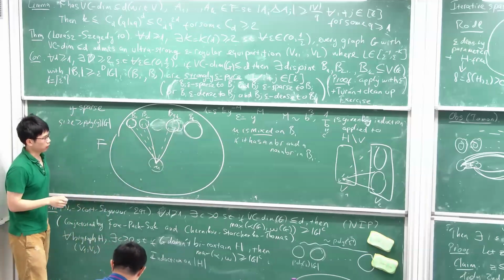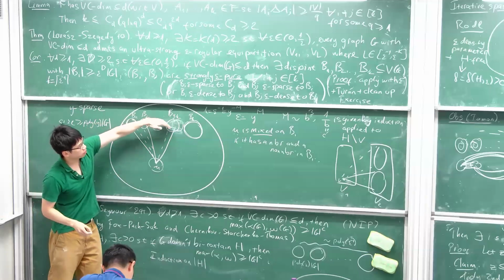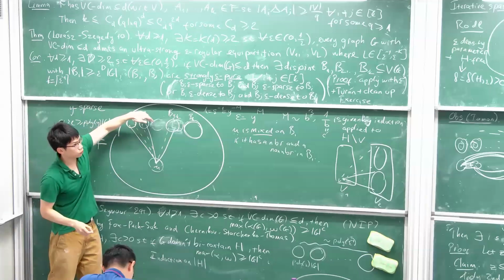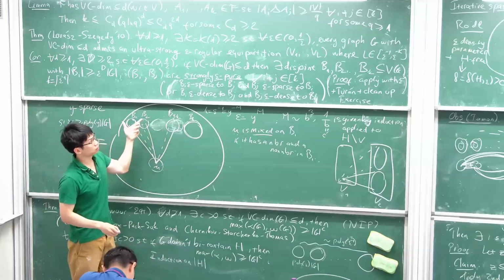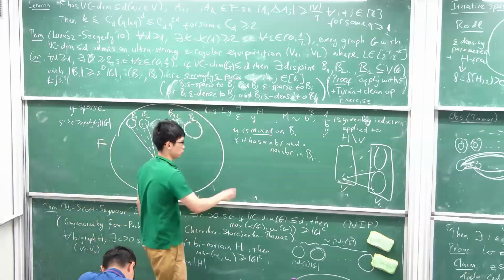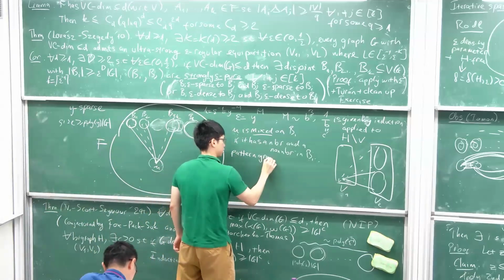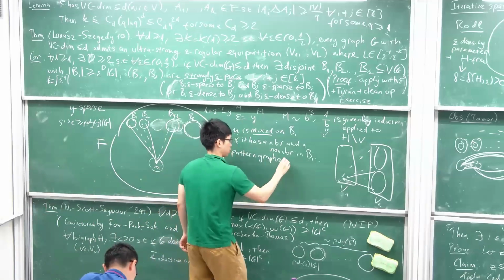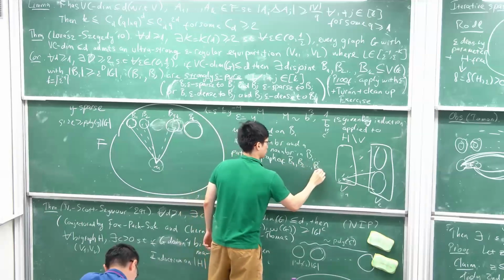Okay, so now what can happen? I would like to look at the pattern graph of these blocks B1, B2 to BYK. This has a pattern because of this strongly epsilon pure property. So look at the pattern graph of B1, B2, BYK.